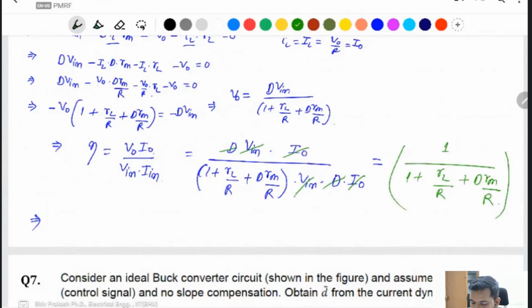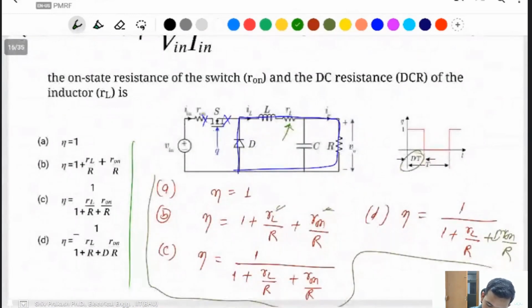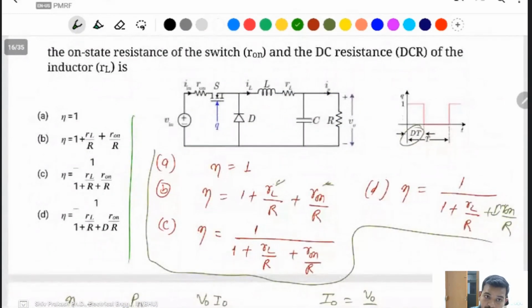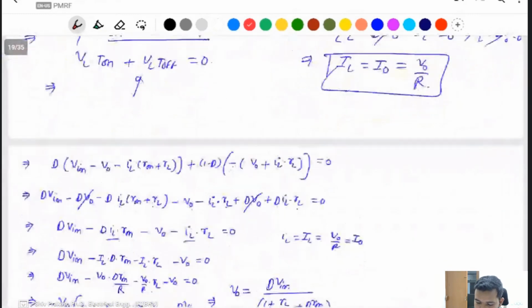If you have no inductor resistance and no switch on-resistance, then the efficiency of the converter is 100%. But the switch resistance R on and the inductor internal resistance RL are both very small compared to R. That's why the efficiency of the converter is very high, like 90%.